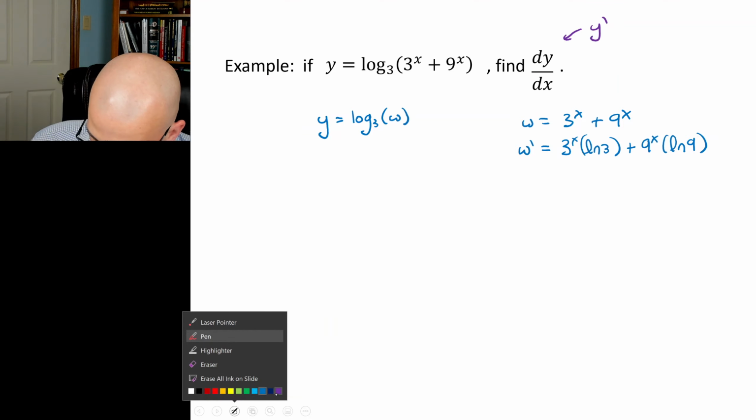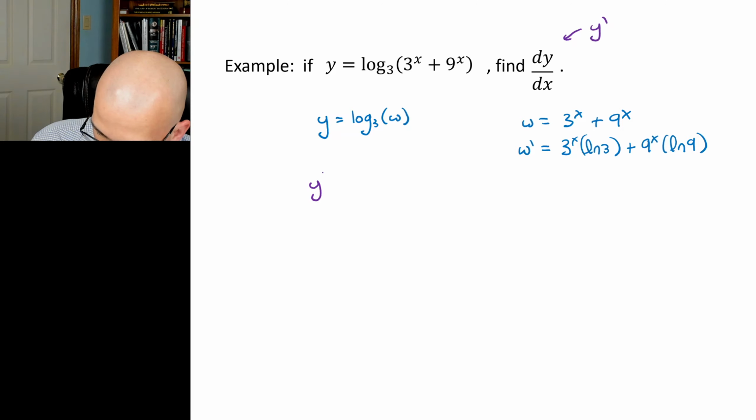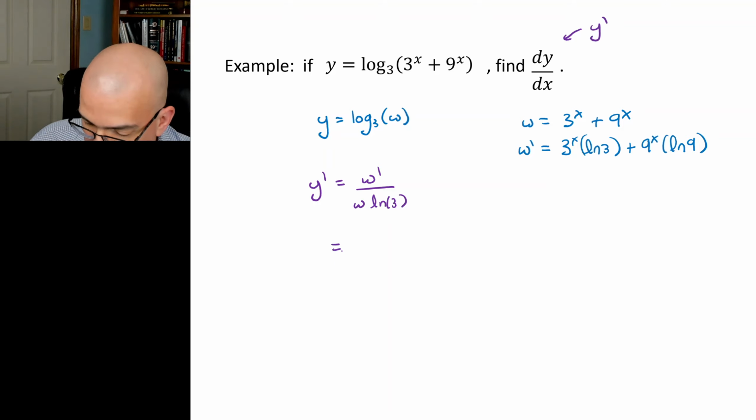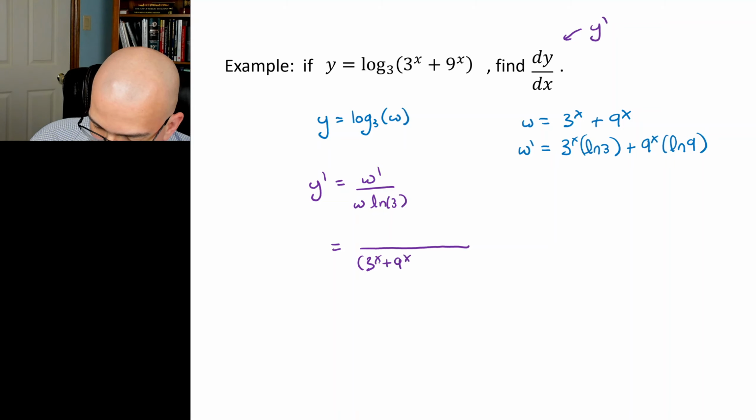Now, we'll take the derivative, y prime. Derivative of log base 3 of w is w prime over w times the ln of 3. And then we'll substitute in what we found. W is 3 to the x plus 9 to the x, as given, times the ln of 3.